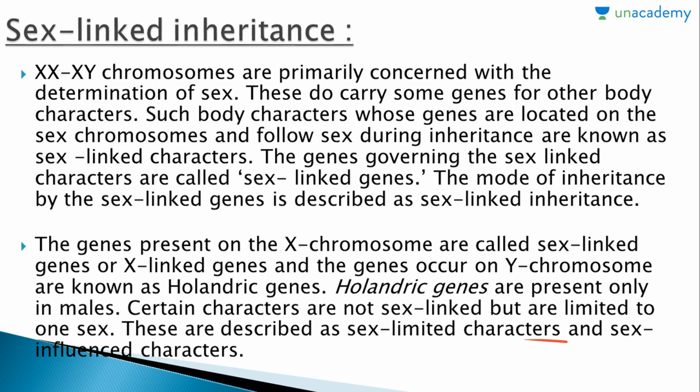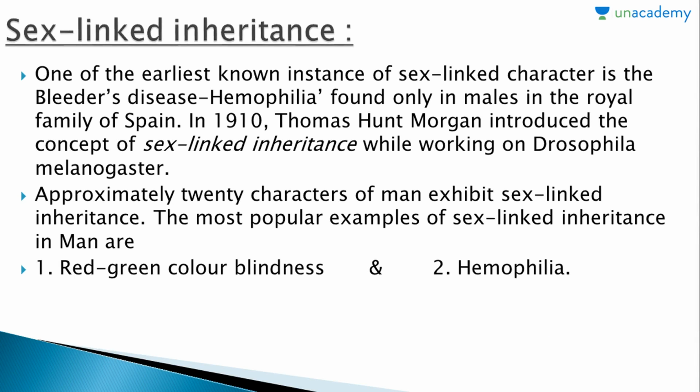Moving forward. One of the earliest known instances of a sex-linked character is the bleeder's disease, also called hemophilia, which is found only in males, and it was also seen in the royal family of Spain. In 1910, Thomas Hunt Morgan introduced the concept of sex-linked inheritance while working on Drosophila melanogaster. This was a very important discovery.